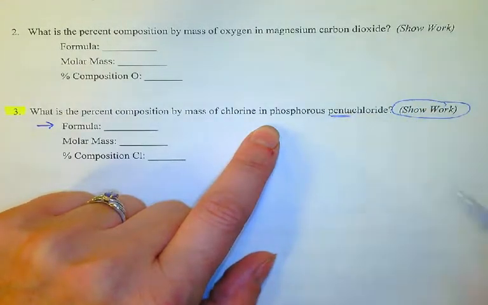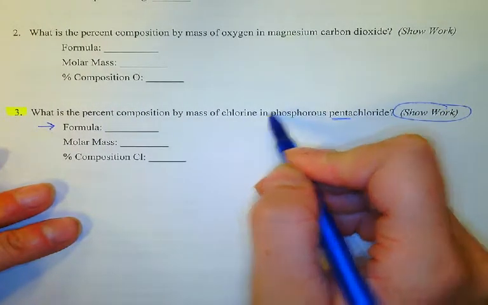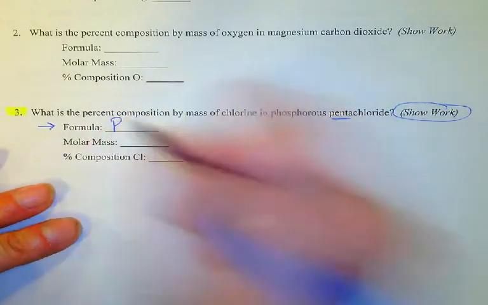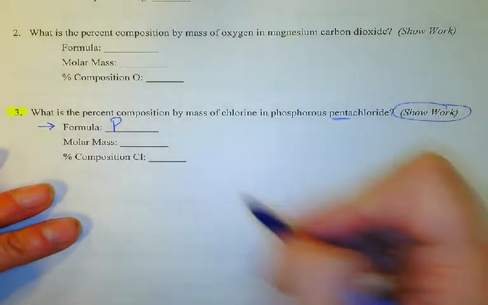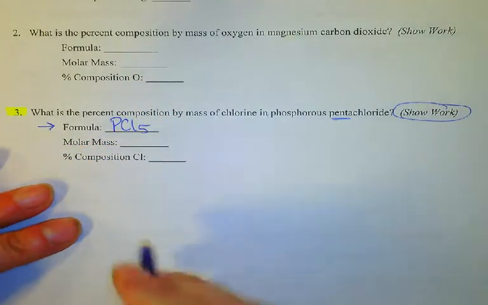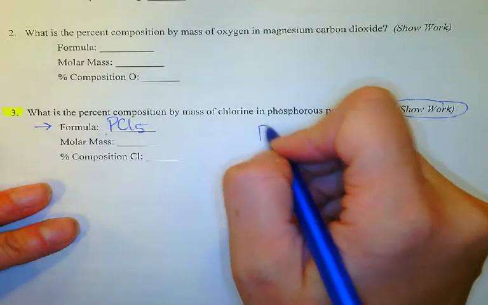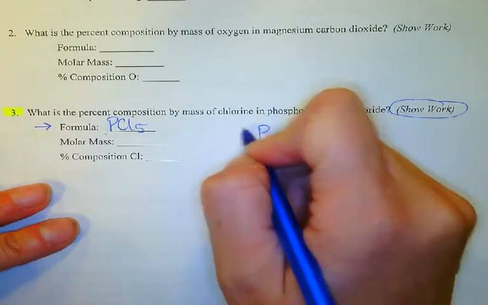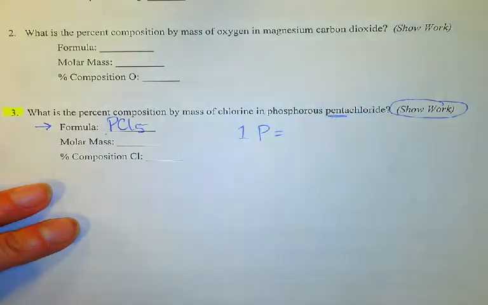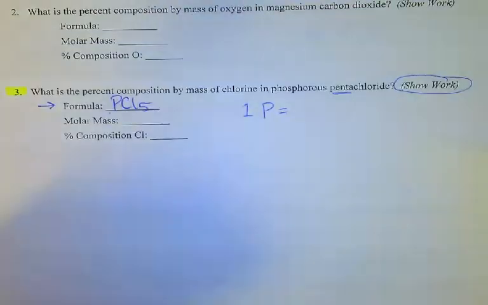I see the prefix penta, which tells me this is covalent. If there's no mono before phosphorus, that means 1 phosphorus. Penta is the prefix for 5, so Cl5. So I've got 1 phosphorus plus 5 chlorines. I only have 1 phosphorus, so that equals just the molar mass, 30.974.